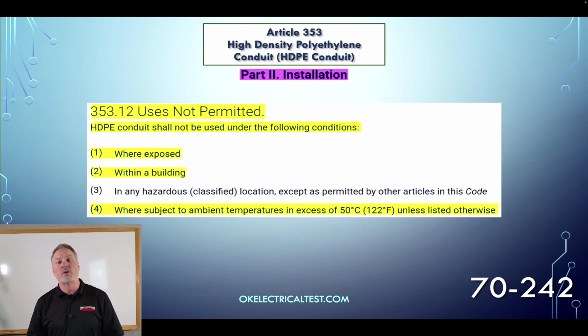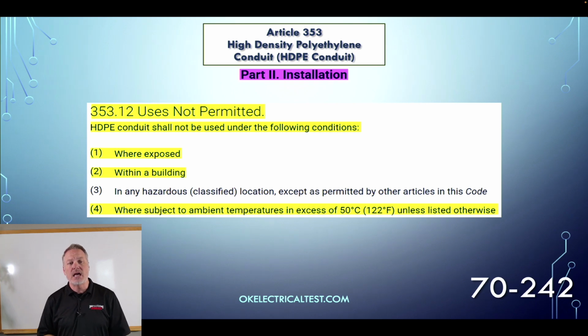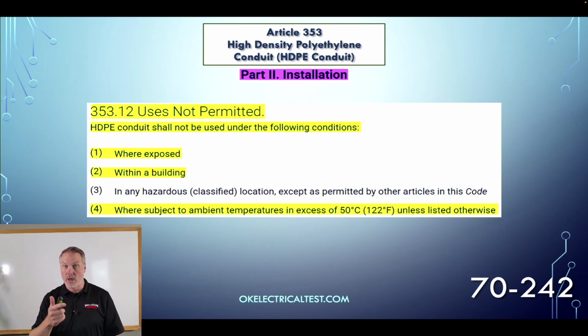Let's go to Article 353. Now, Article 353 is high-density polyethylene conduit, or type HDPE. And we're going to go down to dot 12, which is, again, when we cannot use something. 353.12, use is not permitted. HDPE shall not be used under the following conditions. Number one, where exposed. So it has to be concealed.